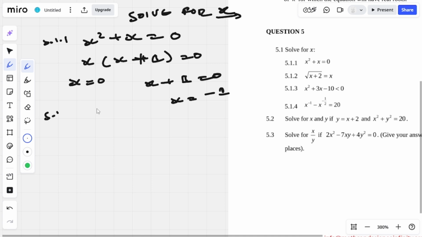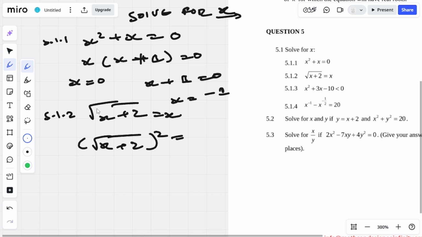Now for 5.1.2, which is a square root type of equation, the first thing you need to do is to square both sides. Why? Because you want to remove the square root, since it's the odd one here. After squaring both sides, on the left hand side you're going to have x plus 2 equals x squared.